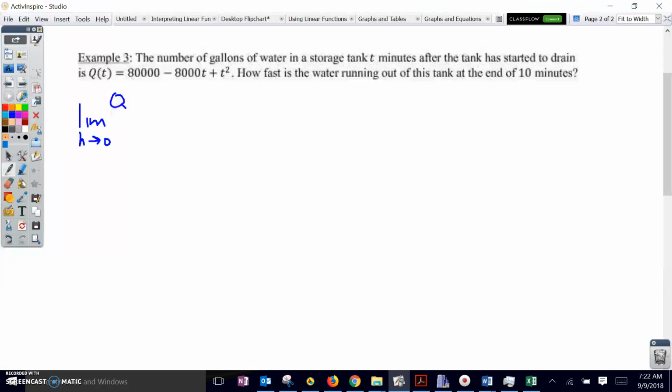And so our slope formula is going to be Q of 10 plus h minus Q of 10 all over 10 plus h minus 10. Now, of course, these 10's in the denominator cancel each other out, and so I'm left with just h in my denominator.